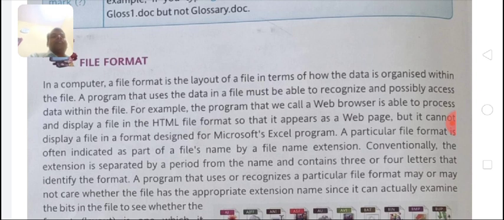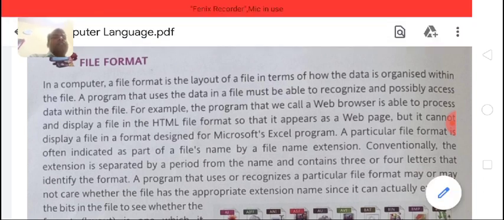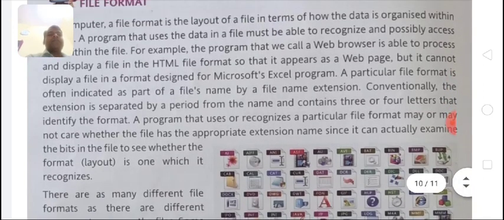A particular file format is often indicated as a part of a file's name by a file name extension. Conventionally, the extension is separated by a period from the name and contains three or four letters that identify the format.